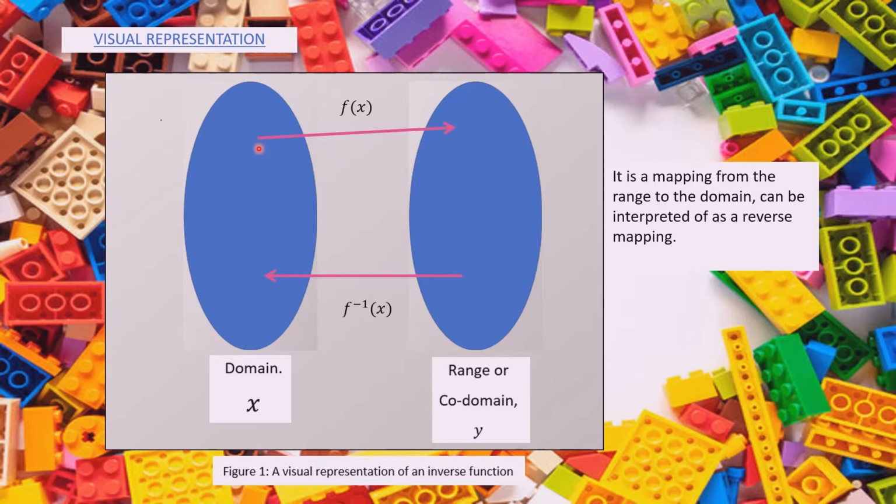You're going from point A to point B, but you would like to go from point B back to point A, unless point B is your home. Anyway, that's a discussion for another time. So it is really a reverse mapping. This is what it is visually, and this is what you're really doing in effect.